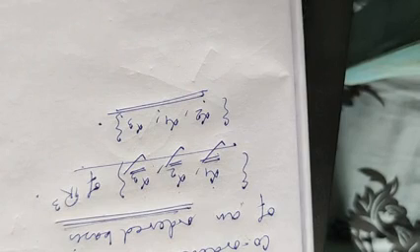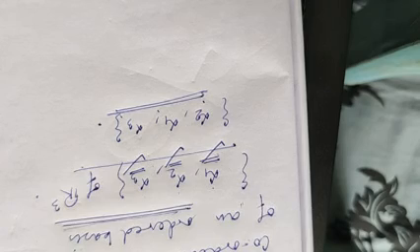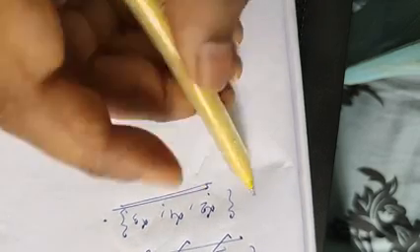Now you need to find the coordinate vector of a vector relative to an ordered basis. That means you are given an ordered basis and another vector from the vector space. You need to find C1, C2, C3 when we express it as a linear combination of the basis elements. It will be clear if I take one example.